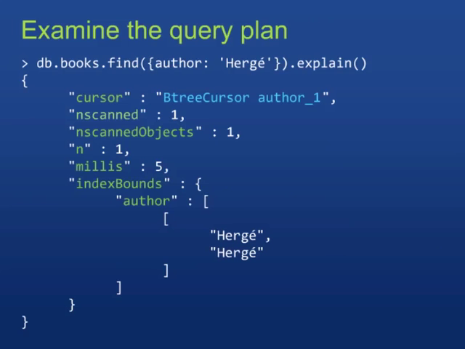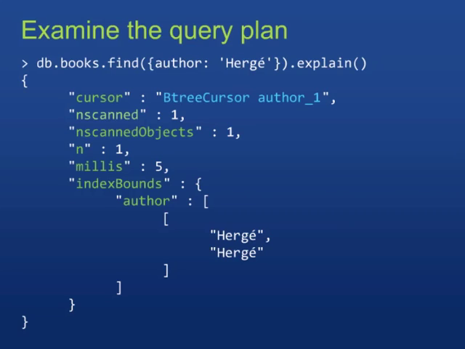Now, MongoDB has internally a query planner and a query optimizer that figures out the best way to plan and execute a query. So I can access this from the shell using the explain command. Again, this is very similar to an RDBMS where I might explain a SQL query to find out how the database is processing it. And so here from the shell, if I say db.books.find author:hergé .explain, I see the explain plan for this query.